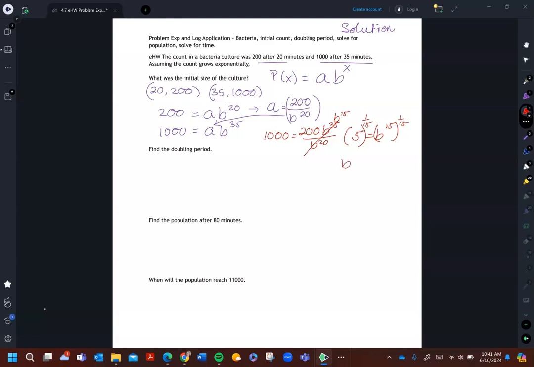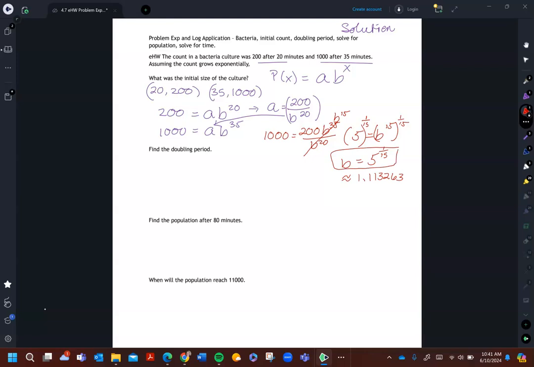And so b is equal to 5 to the 1/15th. You could calculate that out, but if you do, you need to make sure you go out at least about 6 places. So it comes to 1.113263. But I'm going to actually leave it just as this.